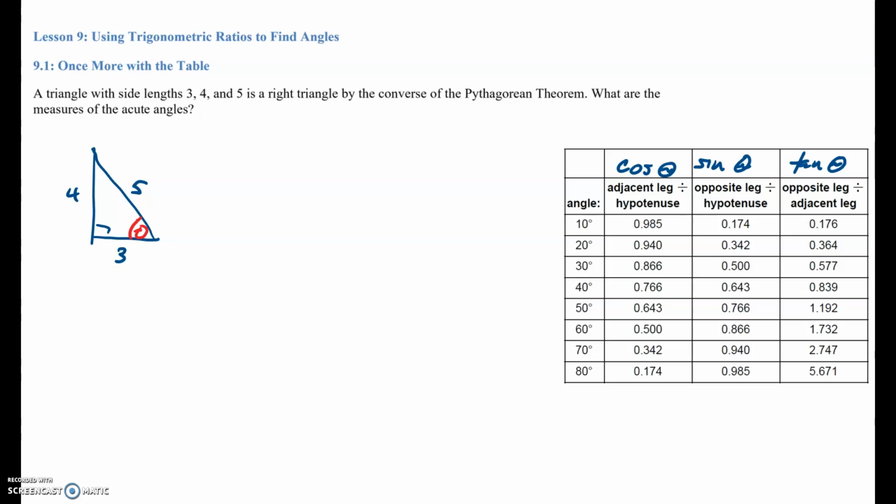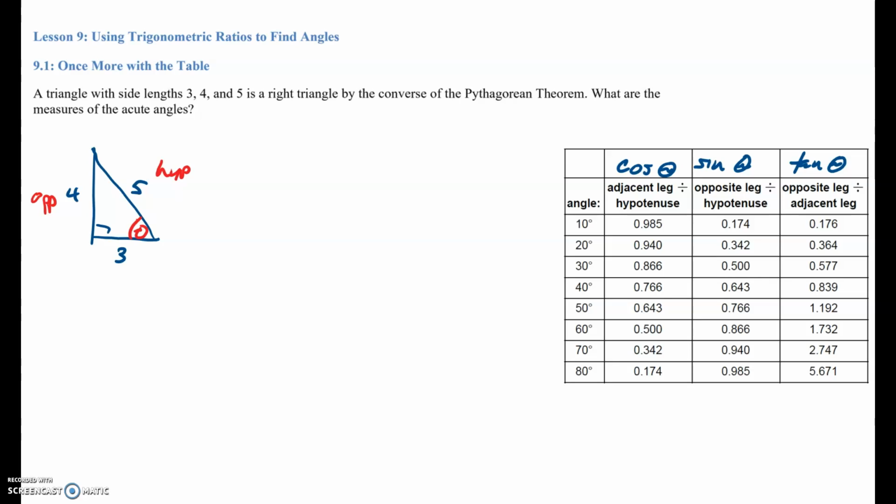So if we come over here to our right triangle chart, we can choose any one of these that we want. Usually, it's just out of habit, I usually go with the opposite and the hypotenuse. So with angle theta, the leg of 4 is the opposite leg, and the hypotenuse has a length of 5, and I know it's the hypotenuse because it's opposite the right angle.